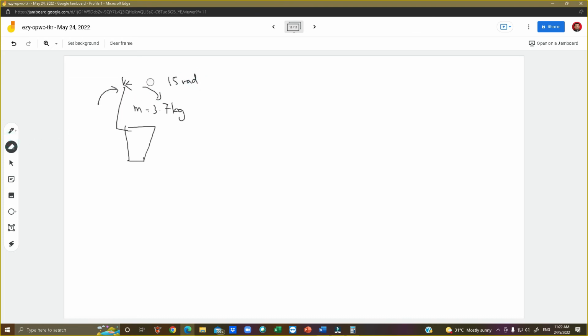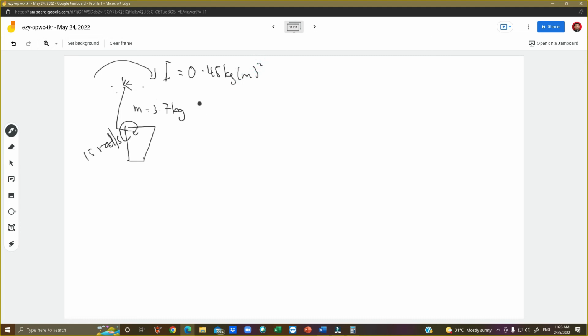Sorry. When we talk about angular velocity, it is not here, it is here at the joint. 15 radians per second. During execution of the spike, the moment of inertia of this hand during the spiking action is 0.45 kgm squared.